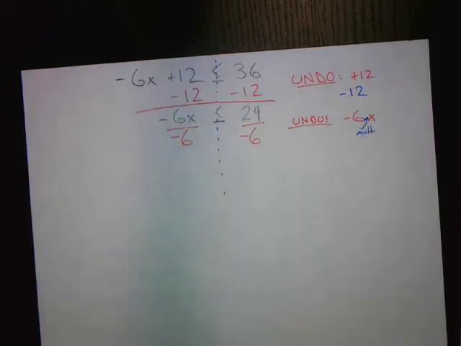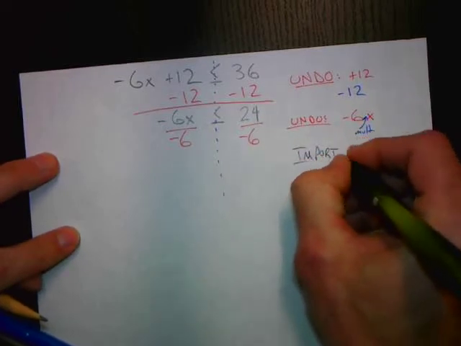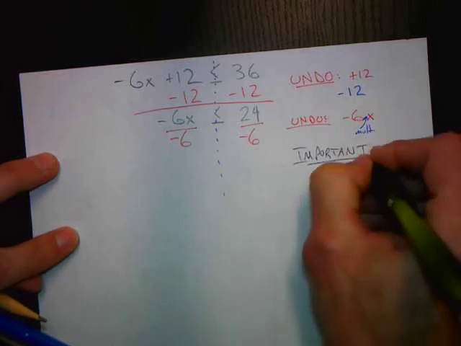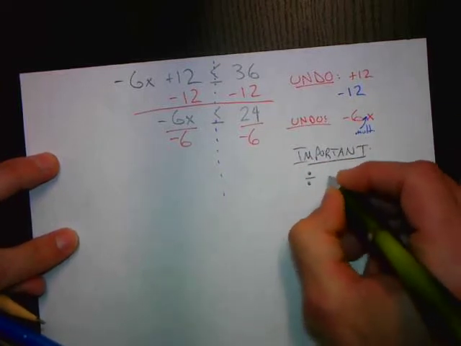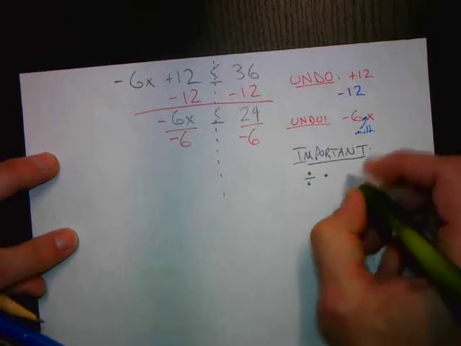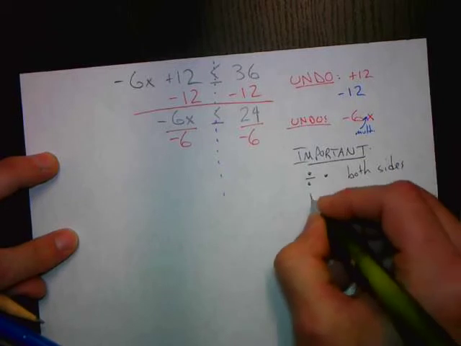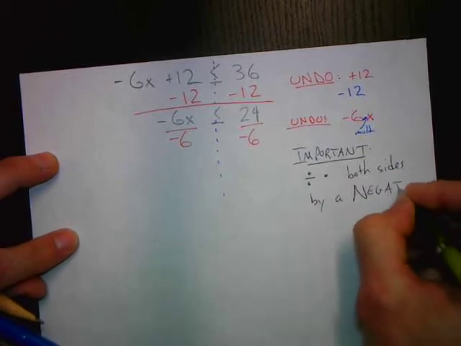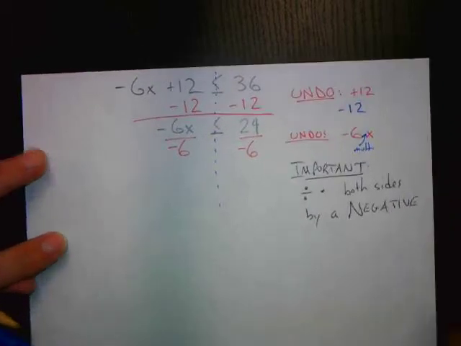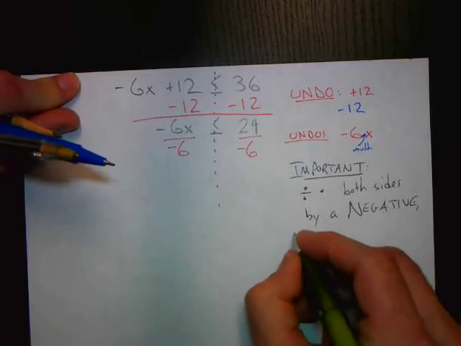And here comes a very important note. When it comes to inequalities, and this should be a review, if you divide or multiply both sides of an inequality by a negative, the inequality symbol flips.